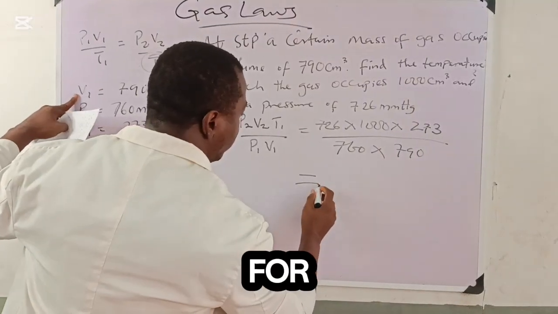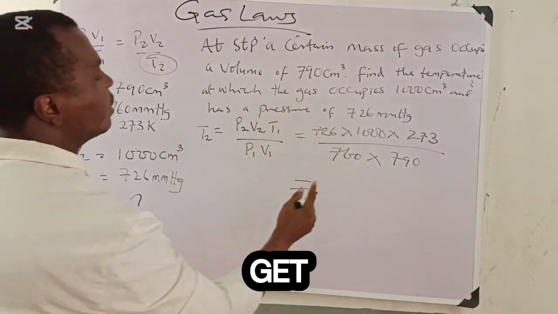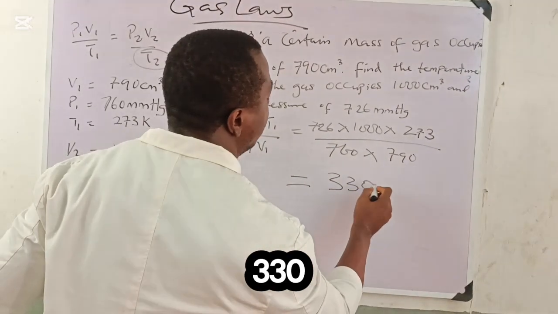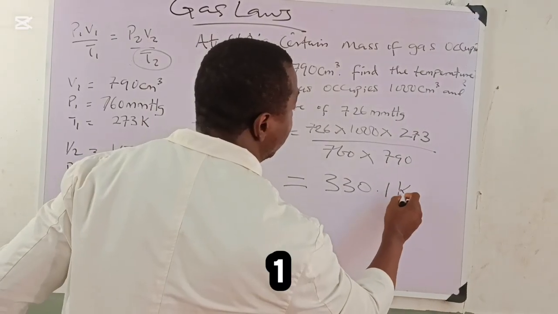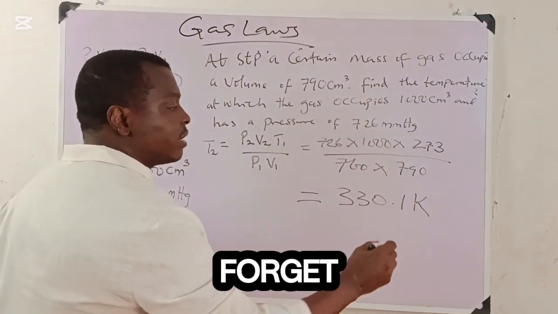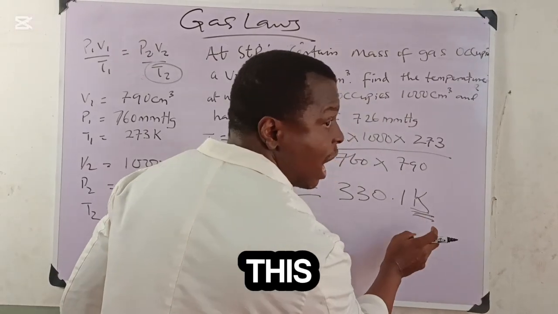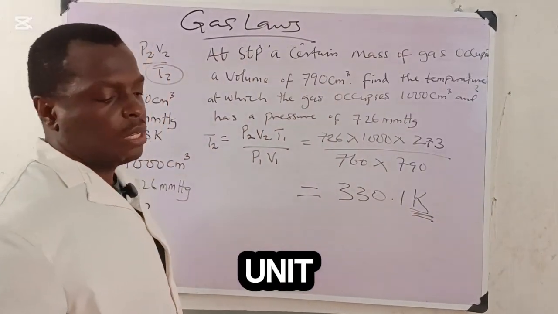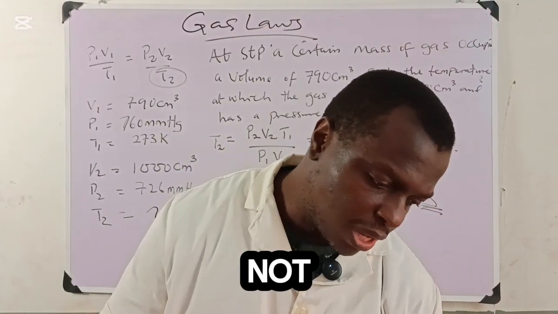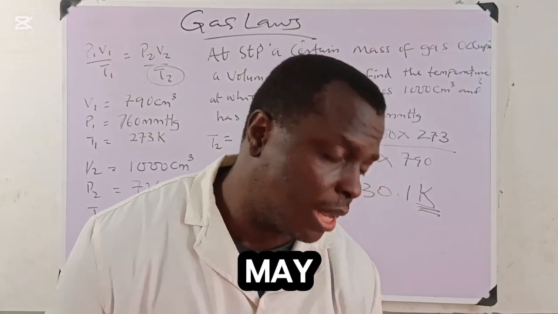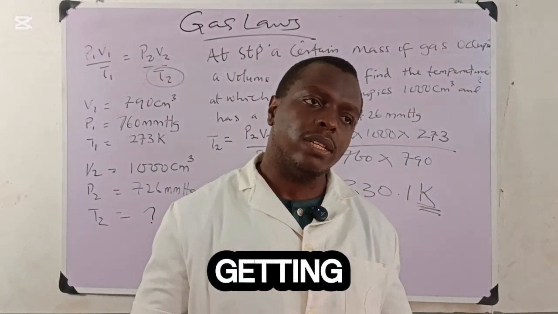If we solve for this, we will be able to get 330.1 Kelvin. Don't forget that the unit is very, very important. If you solve this and you fail to put the unit, then you may not be able to get the final answer. You may get the workings without getting the final answer.